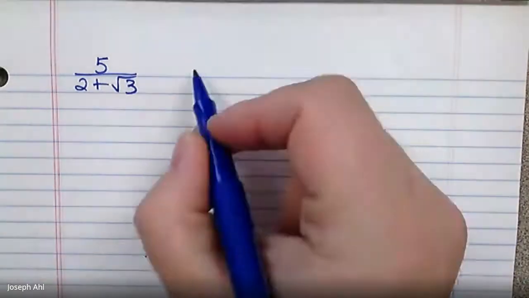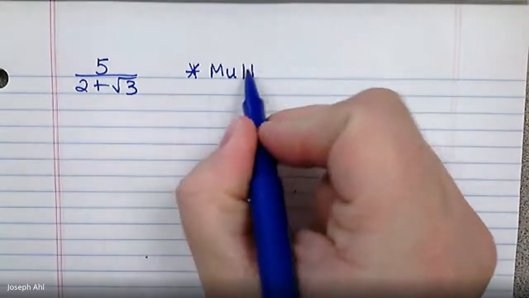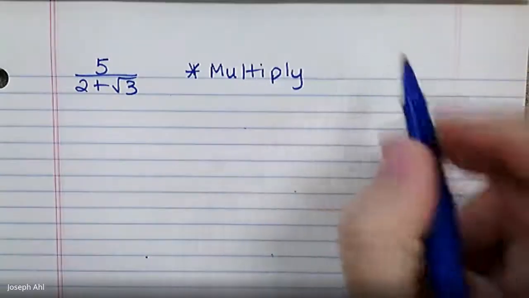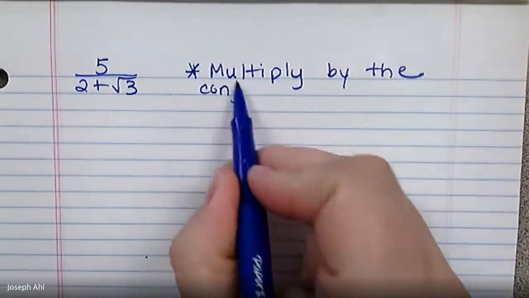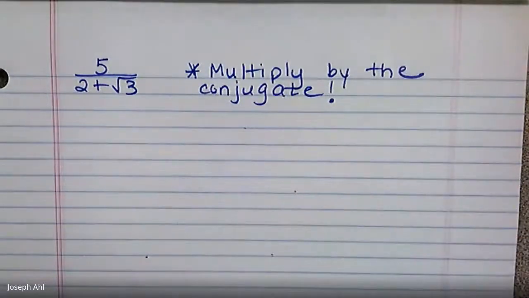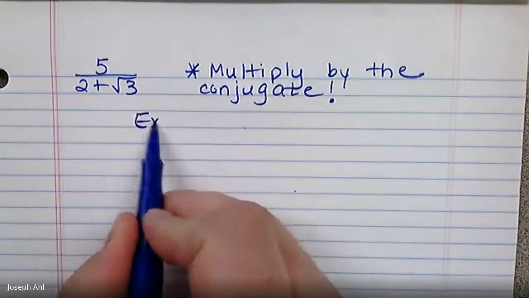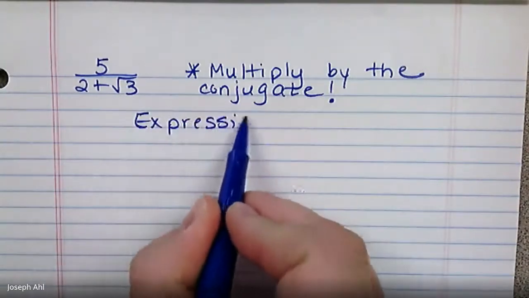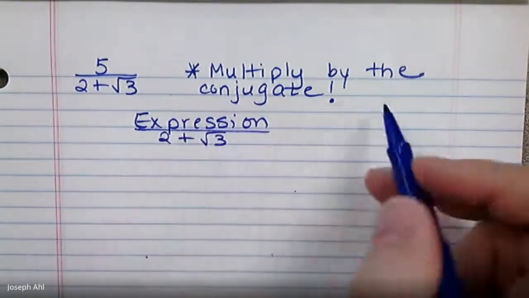So what we're going to wind up doing for examples where there are binomials is multiply the top and bottom by the conjugate. So I'll explain what the conjugate is. If you have the expression 2 plus radical 3, that's my current denominator.